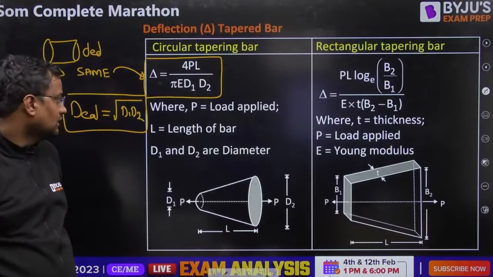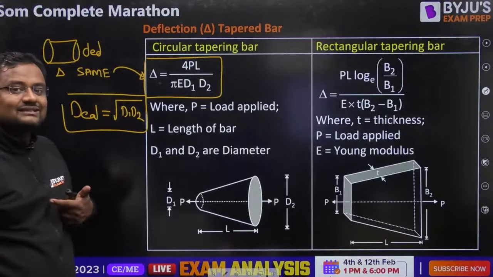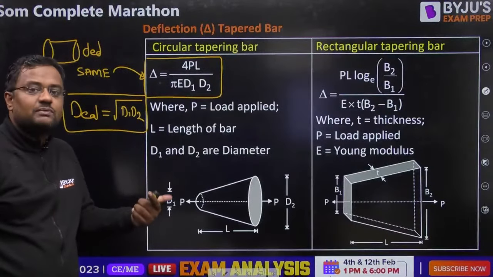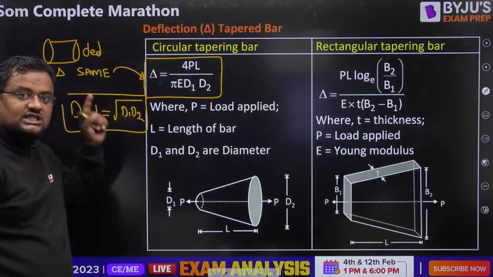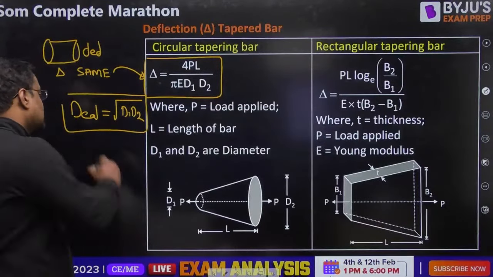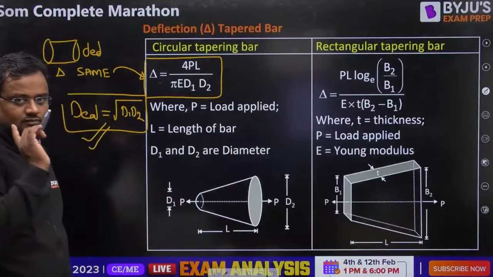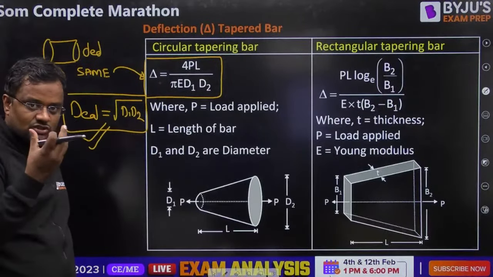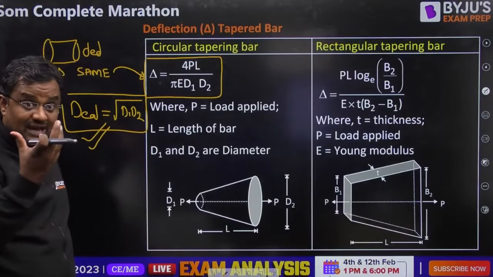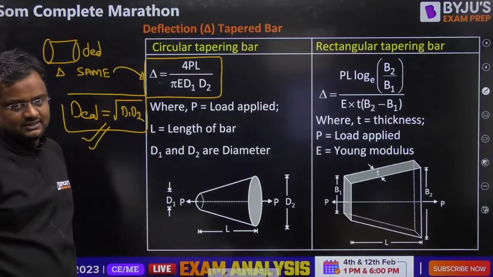If somebody takes the average diameter, the arithmetic mean is more than the geometric mean, so his deflection will be lesser, because the actual result comes from the geometric mean. The arithmetic mean is bigger, that means the diameter is bigger, so his deflection will be lesser.